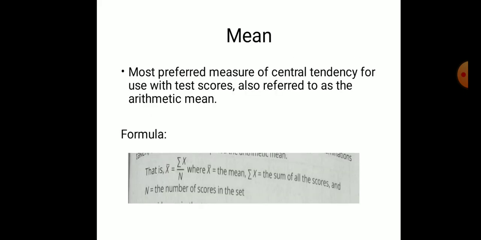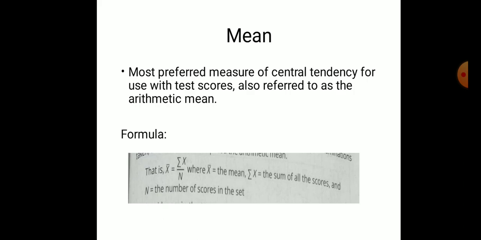First, what is the mean? The mean is the most preferred measure of central tendency for use with test scores, also referred to as the arithmetic mean. The mean is the sum of the value of each observation in a data set divided by the number of observations.